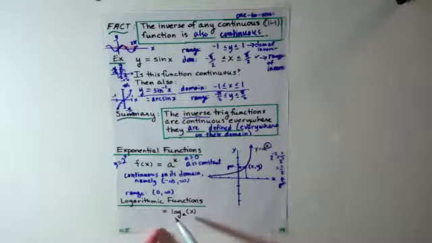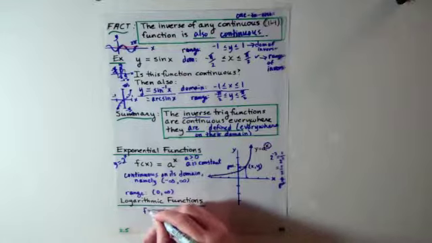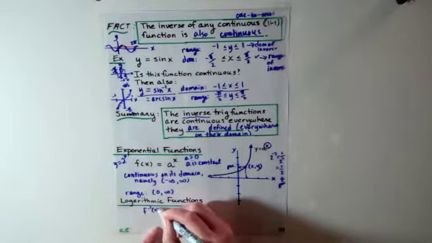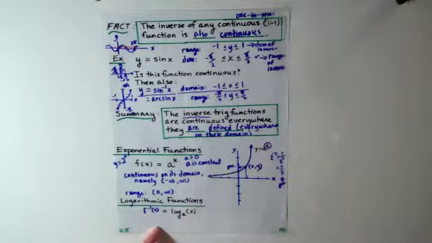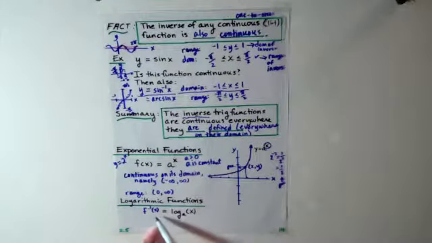Well, remember that log base a of x is really the inverse of the exponential function a to the x. So when I write f of x equals a to the x, its inverse function is the log base a of x function. We're not going to go through and review log functions here. They were reviewed earlier, I think in chapter 1 of your textbook.